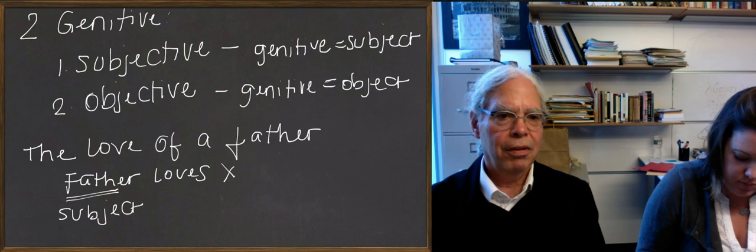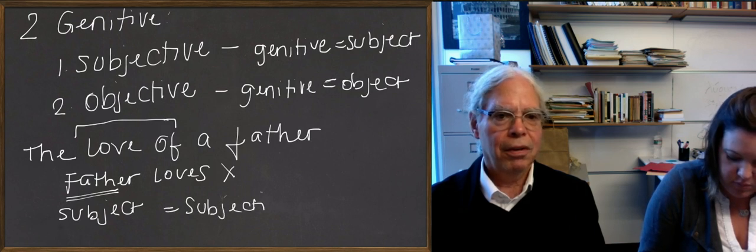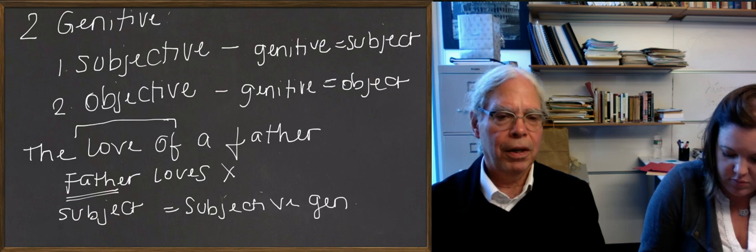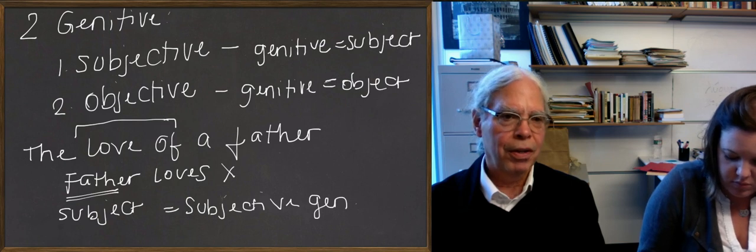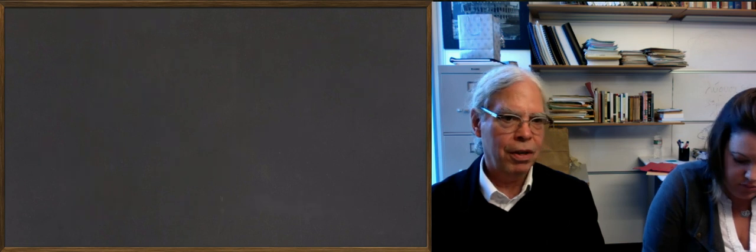Okay. So that's the father's love for somebody, right? The love of the father, right? Father loves X. If it's the love of the father, it's somebody else loves the father. So it's X loves the father as the underlying sentence.